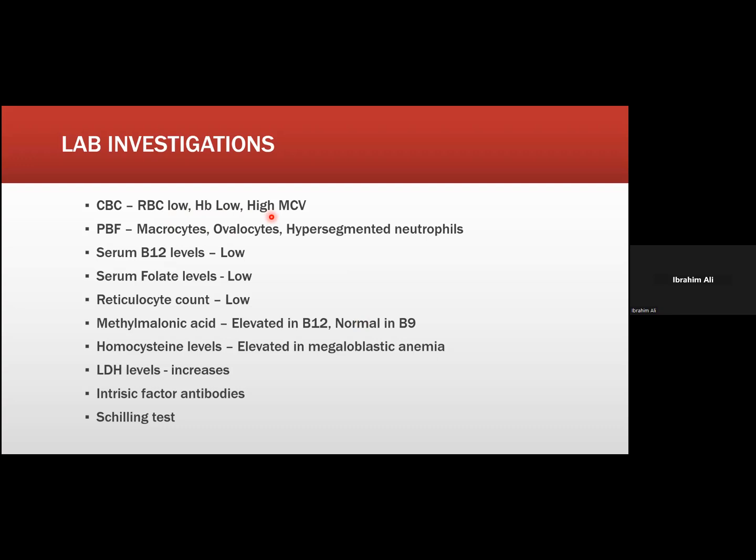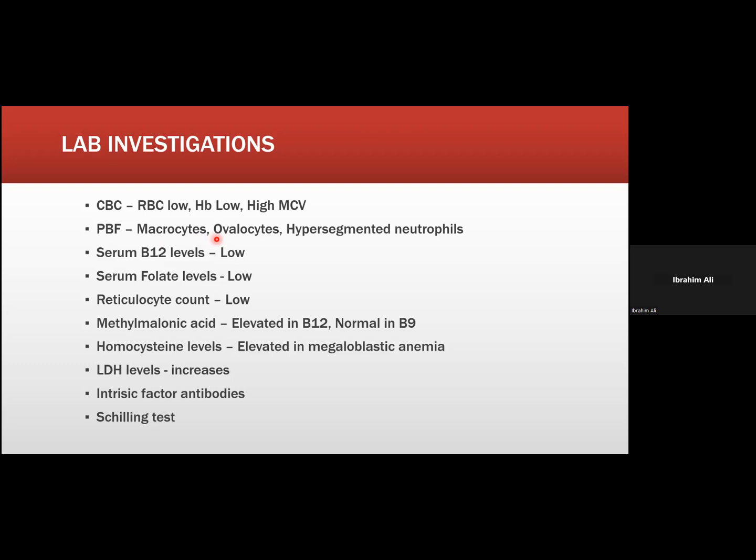On peripheral blood film, we'll see macrocytes. And I will show you the picture of how macrocytes look like. Normally, you compare your red blood cell with the lymphocyte, normally they are the same size.